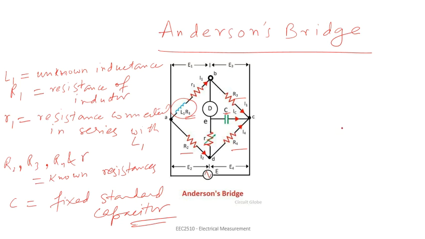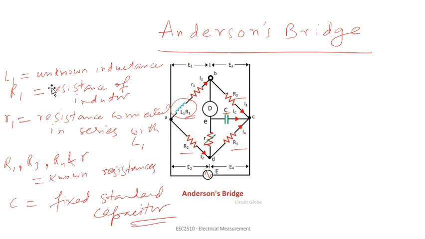Now let us try to derive the balance equations for this. Again we will derive the balance condition by taking the same conditions which were discussed for the AC bridge balance. At bridge balance, this I1 should be equal to I3.